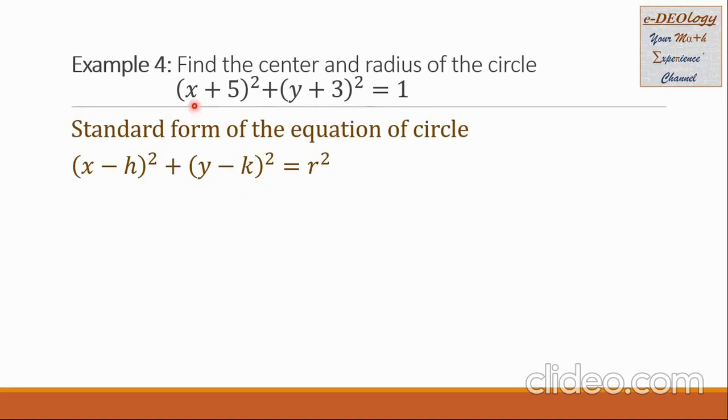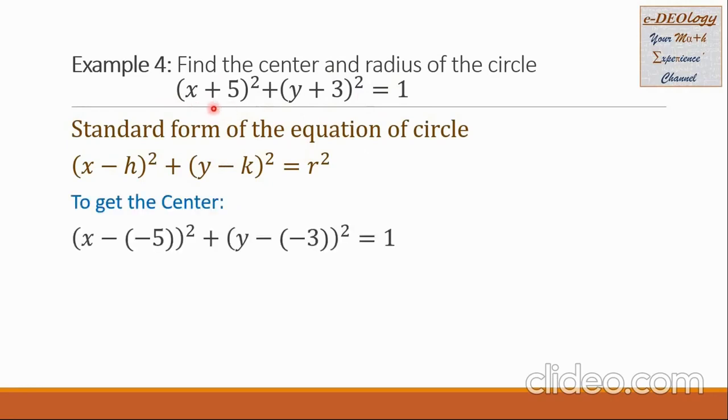We will now translate our equation here into the standard form of the circle. The x plus 5, we will write this as x minus -5. And then the square is there, plus the y plus 3 is the same as y minus -3. Then we copy the square, equals 1.